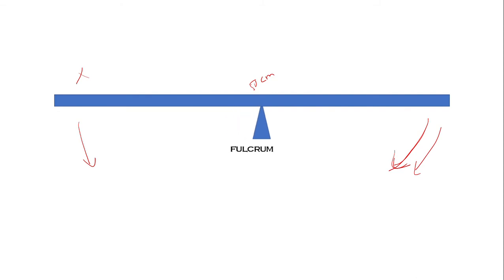Similarly, if I move the fulcrum to the right hand side, it will move in an anti-clockwise direction. So we understand that by changing the amount of force and by changing the distance, we can make the scale rotate either in a clockwise direction or in an anti-clockwise direction.